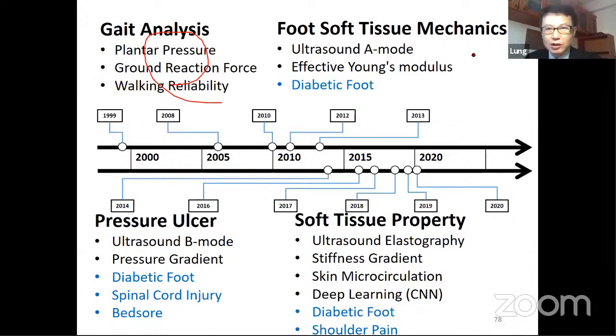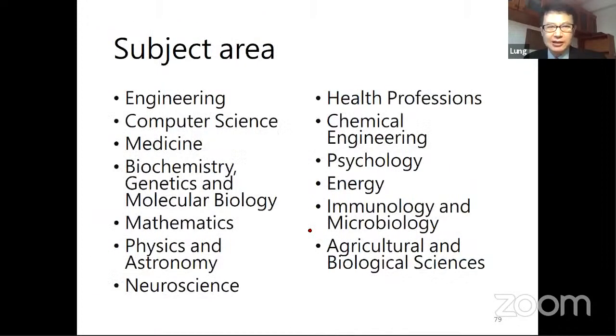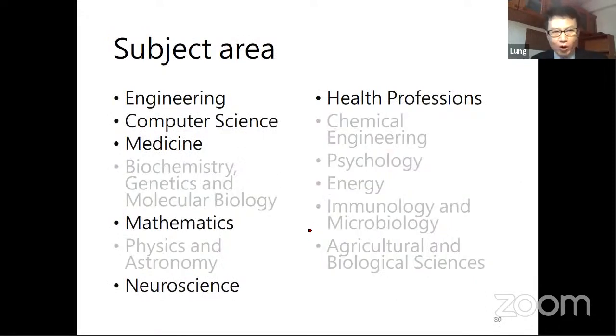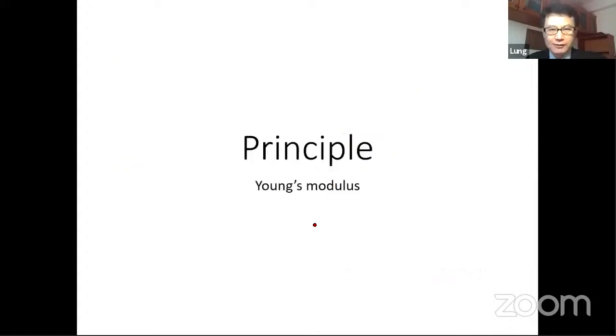Okay, going back to here: from the analysis to plantar ulcer, pressure ulcer, and then to soft tissue property. That is why my four major topics are here. This is what Scopus gives us as the subject area: engineering, computer science, medicine, mathematics, neuroscience, and health professions.